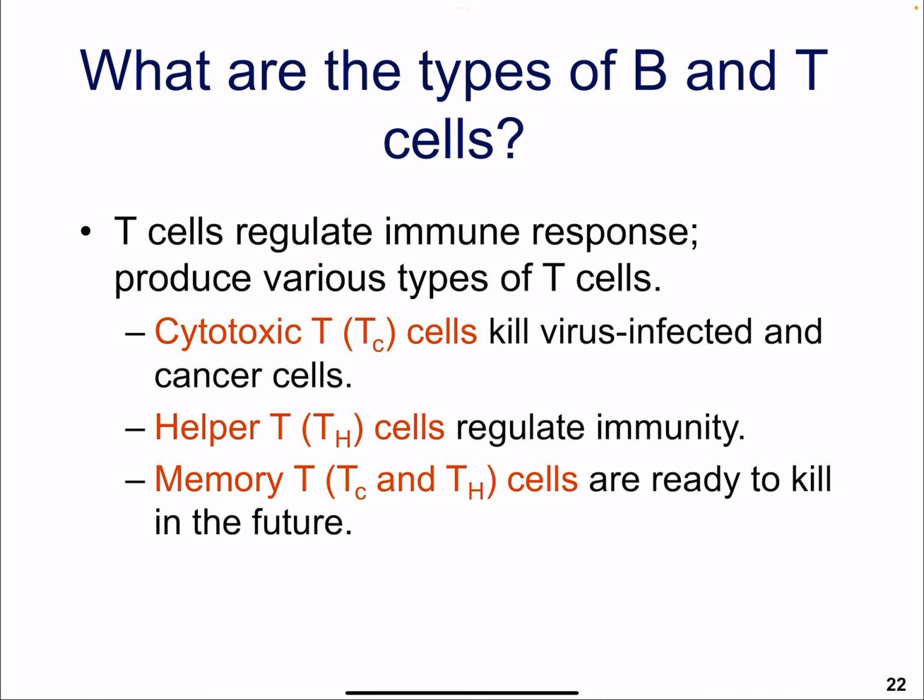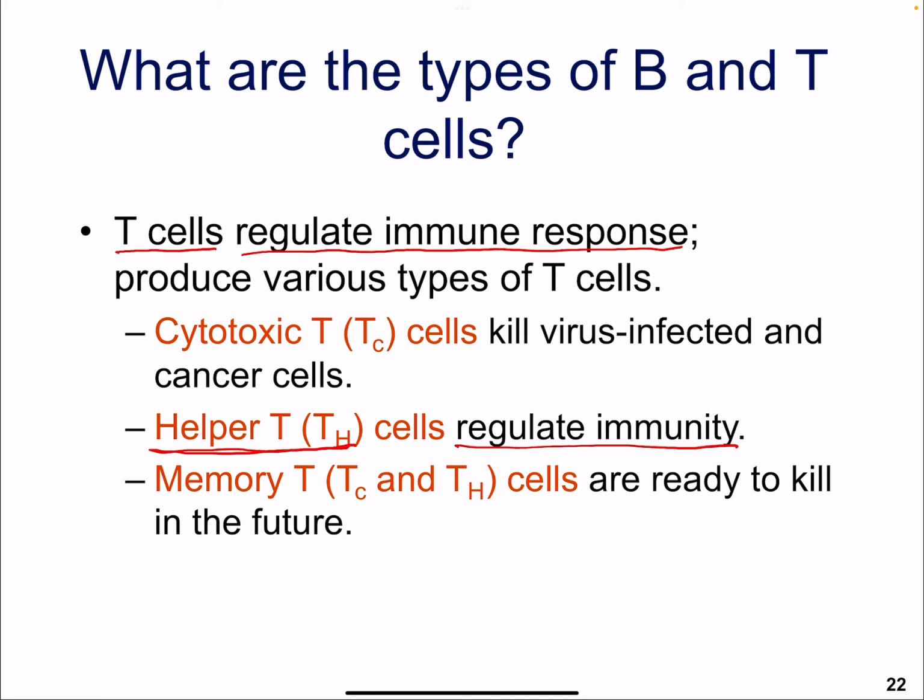All right, how about the T cells? The T cells actually play a very important role in regulating our immune response. They are regulating our immune system by way of helper T cells. These helper T cells are the T cells that regulate our immune response.